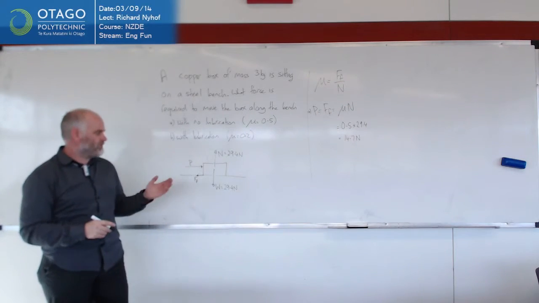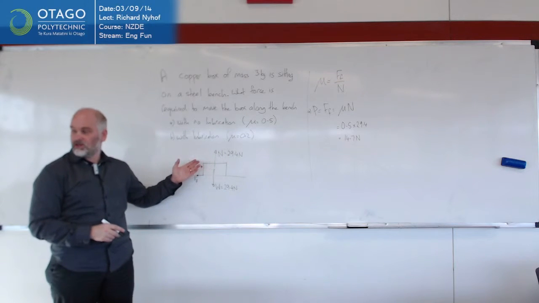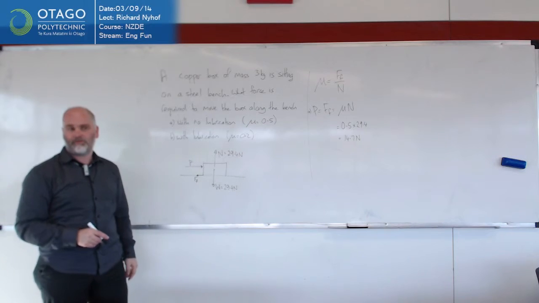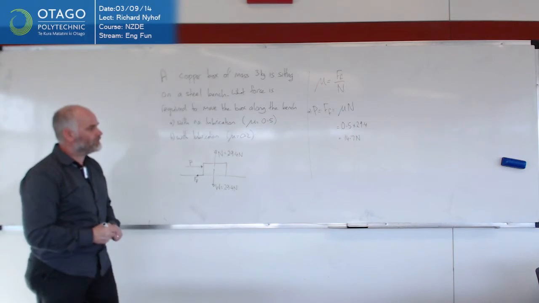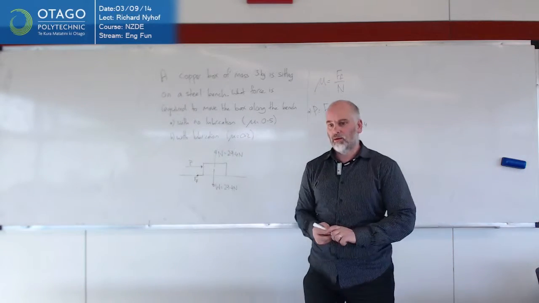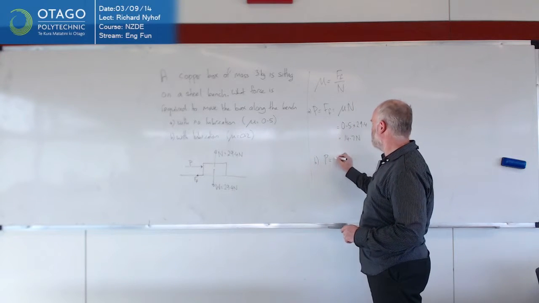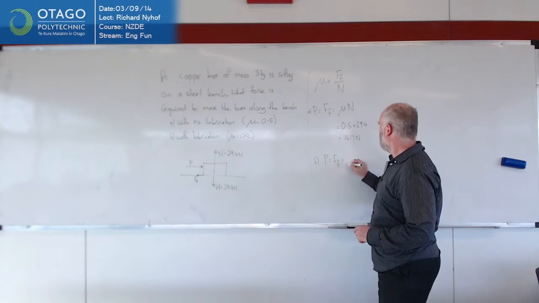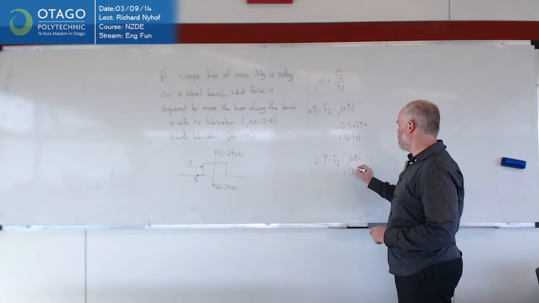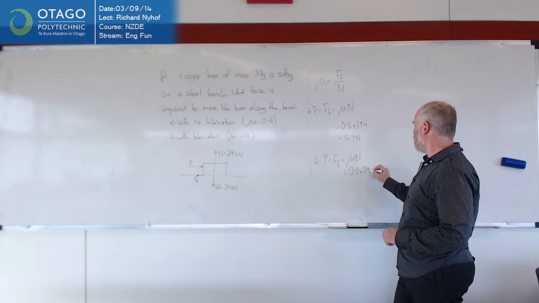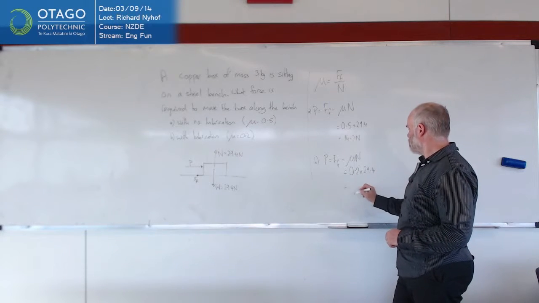So overall, we have no net force acting, so if the box starts moving, it'll keep moving. And for part B, it's exactly the same, except now we're going to use 0.2 rather than 0.5 because we're doing it with lubrication.